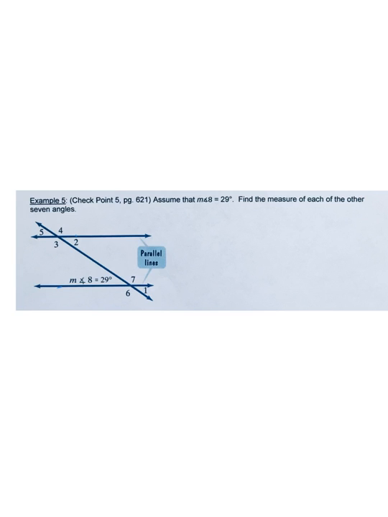So you're guaranteed a pattern whenever you have a transversal cutting through 2 parallel lines. All of the 8 angles formed by that transversal will have one of 2 answers. Let me go ahead and show you how I would do this particular question.